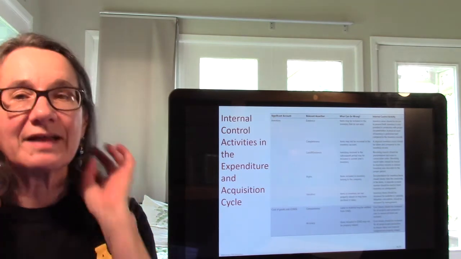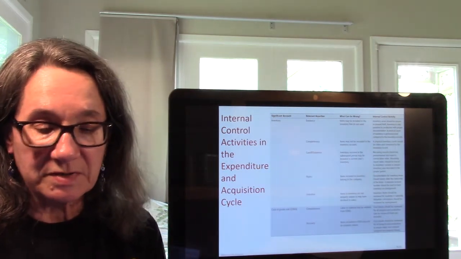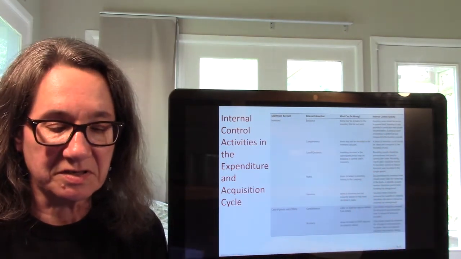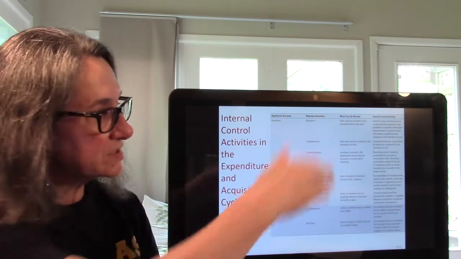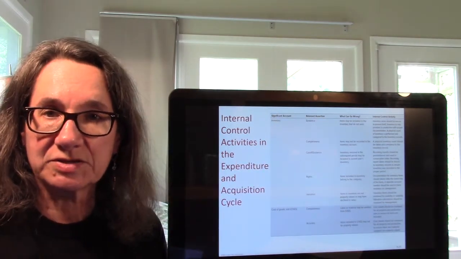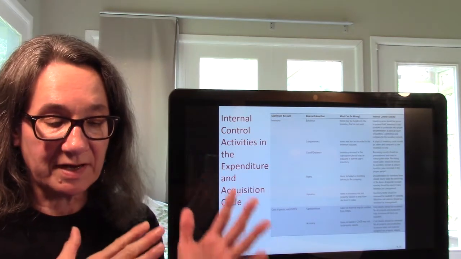So what kind of activities are actually going on? Well, typical activities. You might want to read this in your book just to make sure you get a good understanding. But for each assertion, your client's going to have some internal controls that you want to make sure are in place, right?